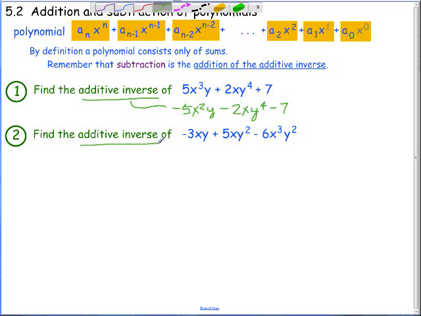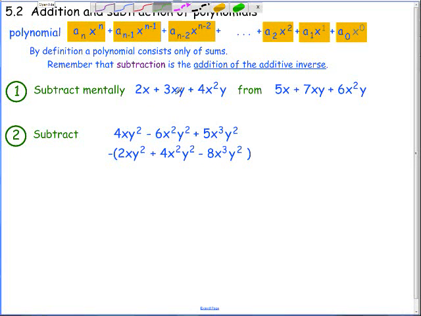Find the additive inverse of this one. So I reverse the signs. It gives me a 3xy positive. This one becomes negative. And of course, my last one, change that sign. So it's a pretty straightforward concept, additive inverse.